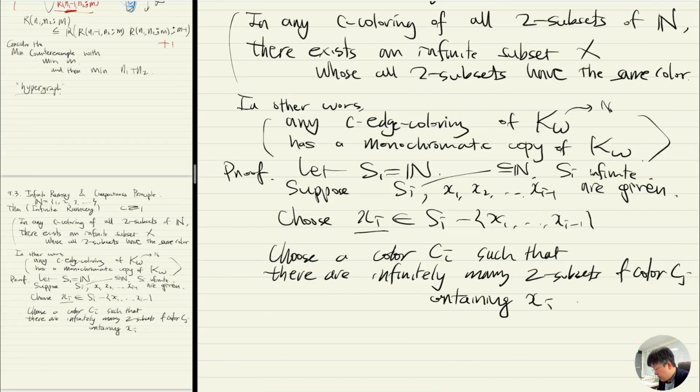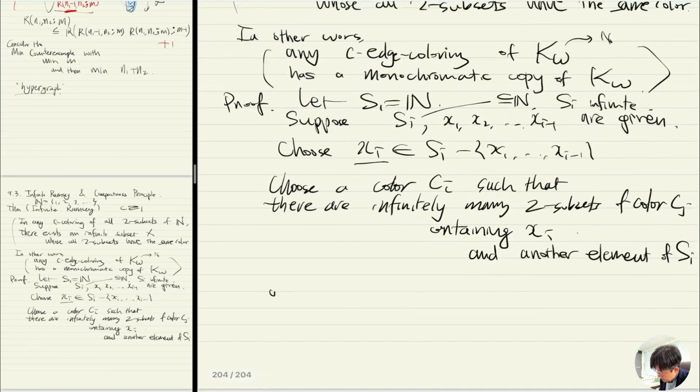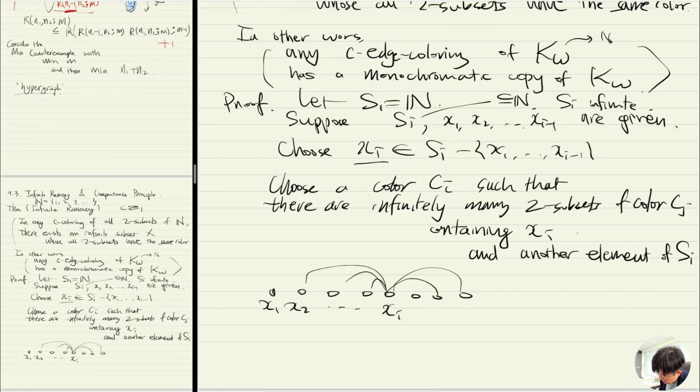Because you have an infinite set, containing xi and another element of Si. So here's x1, x2, xi. Now I look at all sets of size 2 containing xi, and then look at all the colors. Among all the colors, I choose the one that appears infinitely many times.